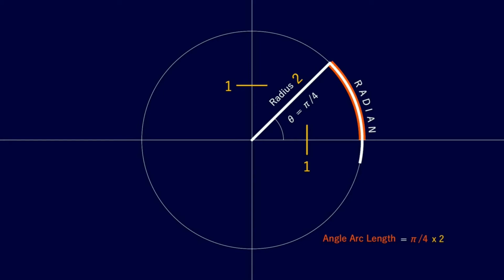What it does influence is the length of that colored arc, the arc the angle cuts out on the circle. That arc length now equals pi over 4 times 2. But if we change the circle's size, for instance by reducing the radius to 0.5, the arc length changes accordingly, in this case to pi over 4 times 0.5.